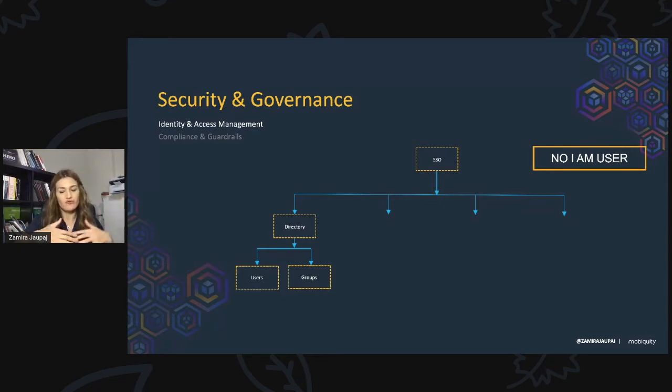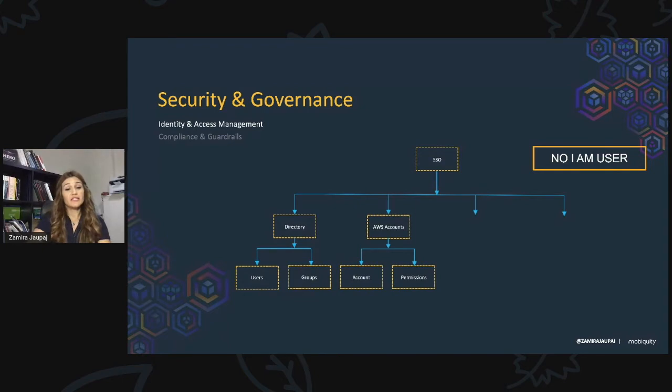That means we have to find some third-party solution to securely save users and passwords. But when we have a URL and single sign-on, we can use it only once. So we don't need to create IAM users in each account, but only in the master account, and all of these users are managed by the governance team. And you can always add groups and add users to the groups.